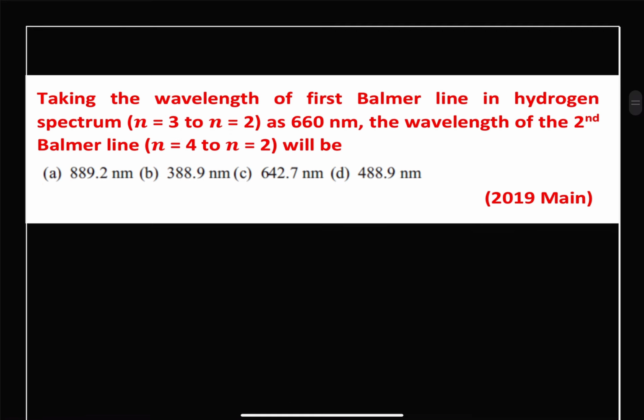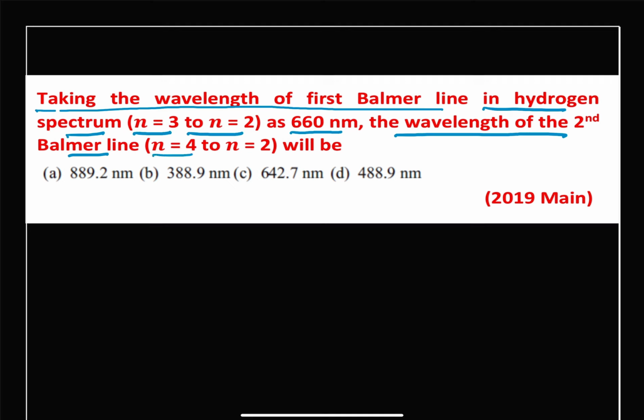It states that taking the wavelength of the first Balmer line in the hydrogen spectrum, N3 to N2, is 660 nanometer, the wavelength of the second Balmer line, N4 to N2, will be. So we are given that the transition is from N3 to N2, the wavelength is 660 nanometer, and when the transition will be from 4 to 2, we have to find out its wavelength.